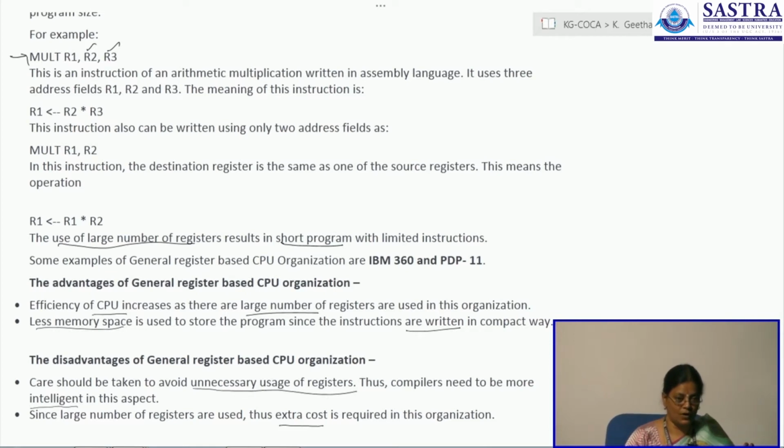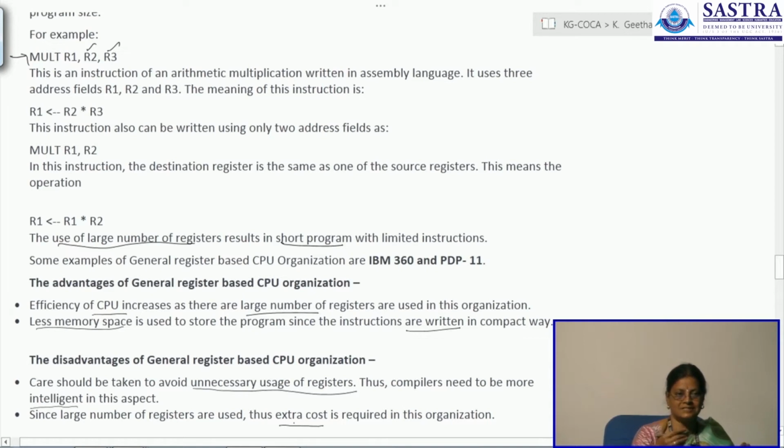And coming to the drawback, because we must avoid unnecessary usage of registers, the compiler has to be more intelligent. So we expect the compiler to take the burden. And another important point is, whenever we demand a higher number of registers, obviously it can increase the hardware cost. So extra cost may be required for this type of organization.